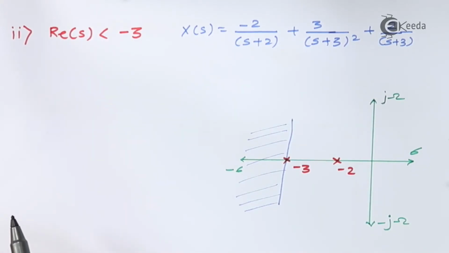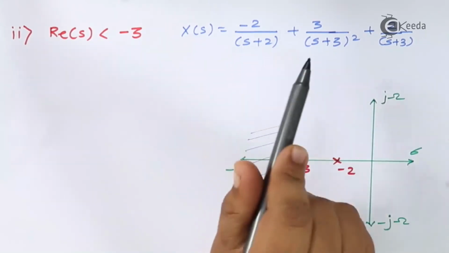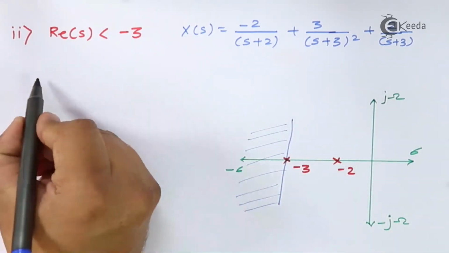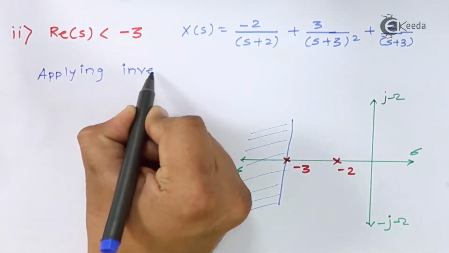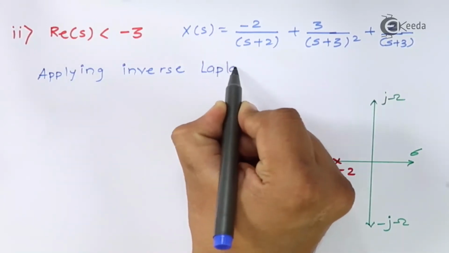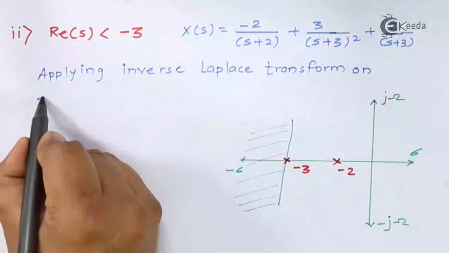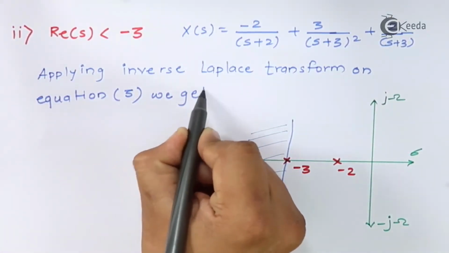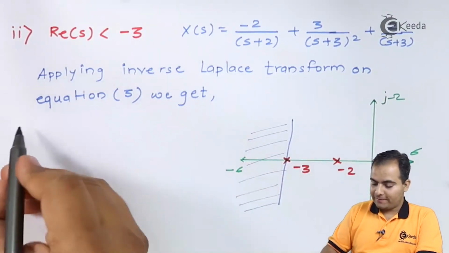Now we'll apply the inverse Laplace transform on this equation. This was our equation number 3, which is written on the previous pages. Inverse Laplace transform of X of s is x of t.